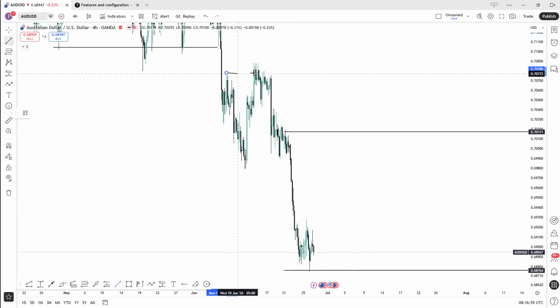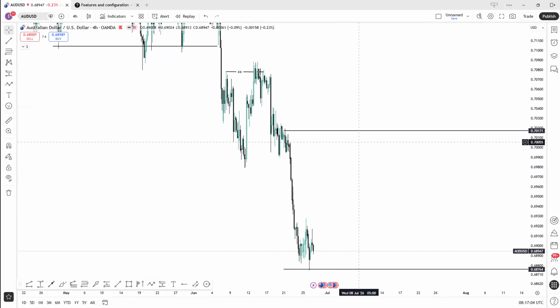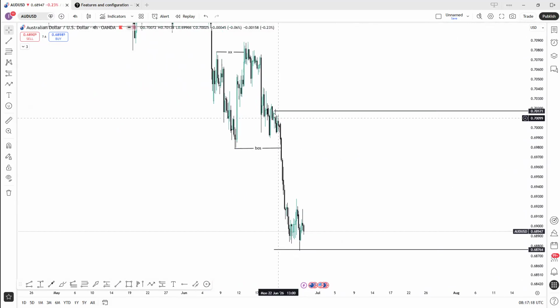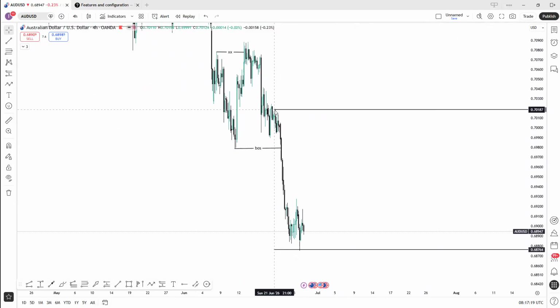This liquidity is already swept. After that liquidity sweep, we have a very good break of structure here, and that is our weekly range. You can see this horizontal line, we spotted the weekly range.